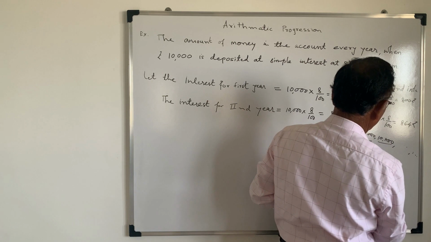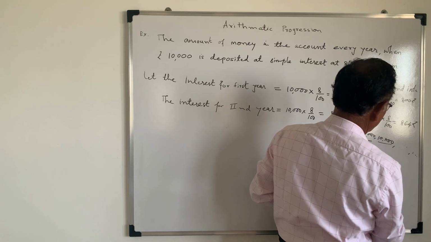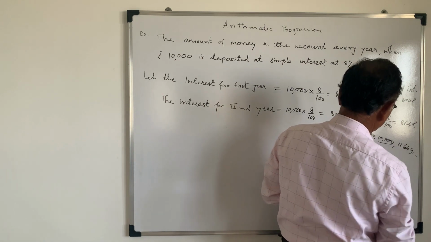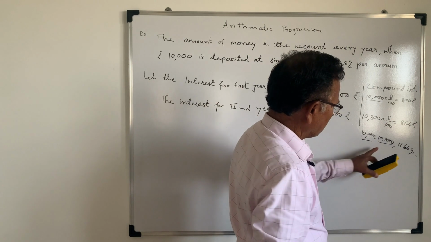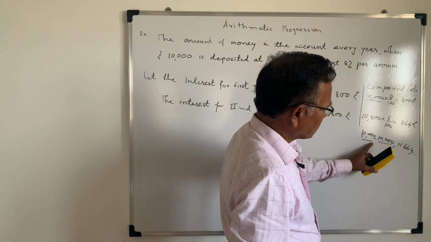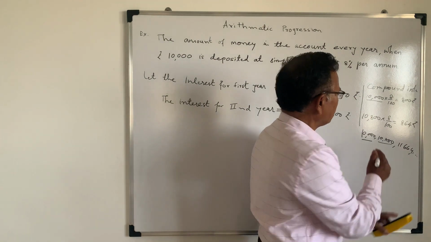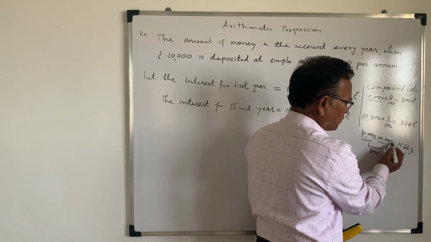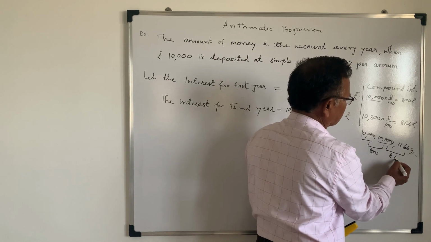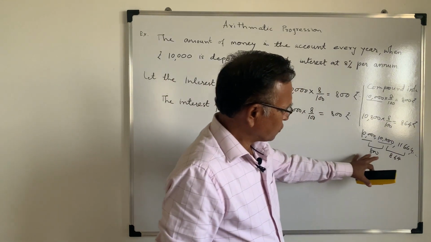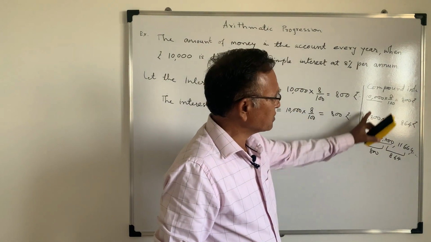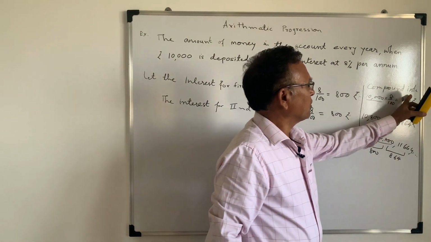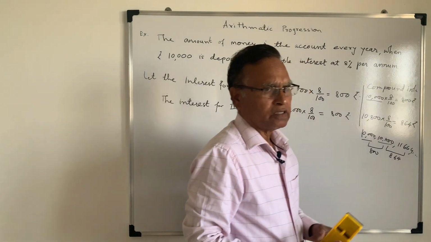It will be 11,664. So the difference between these two terms is not the same. Here the difference is 800, and here the difference between these two is 864 rupees. So it is not the same, and therefore it is not an arithmetic progression in the compound interest.